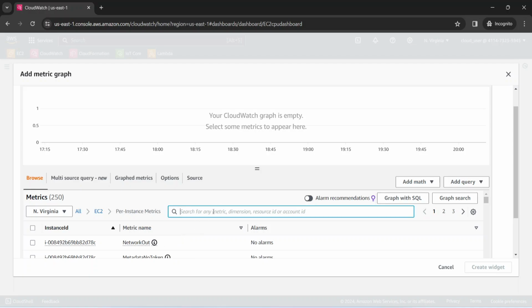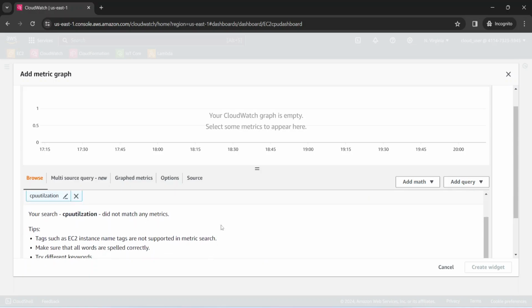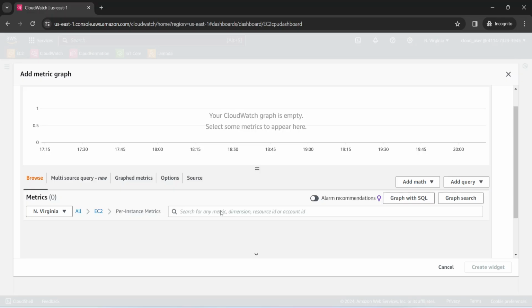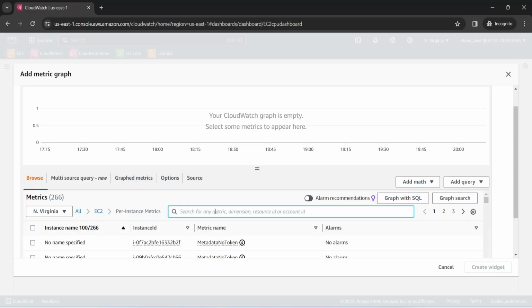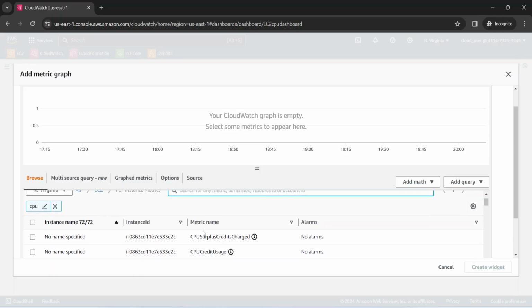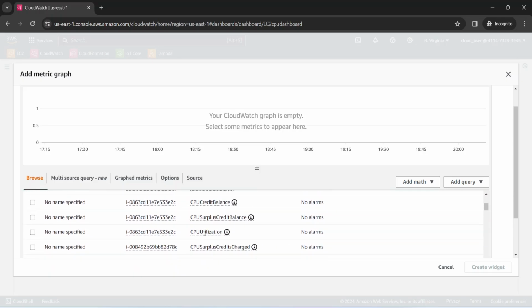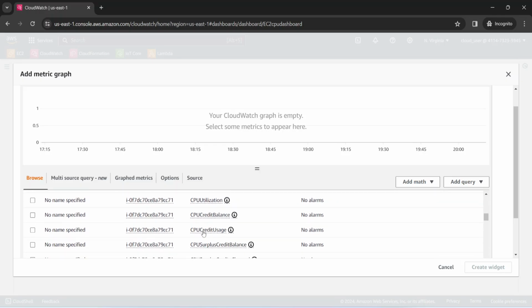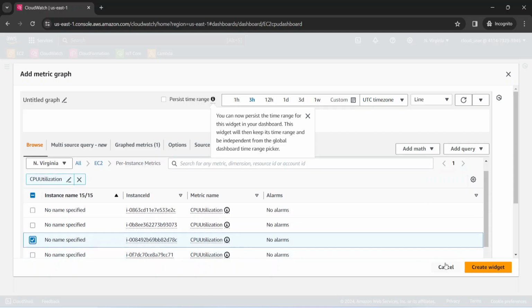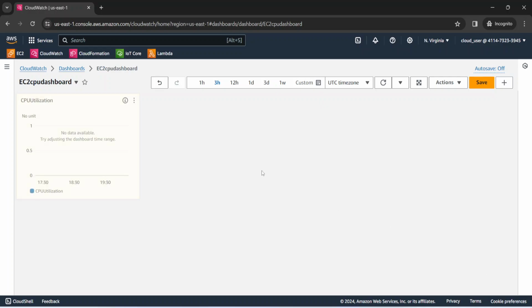Just type CPU utilization, or just hit CPU. Then select some instance and go ahead and create the widget for CPU utilization.